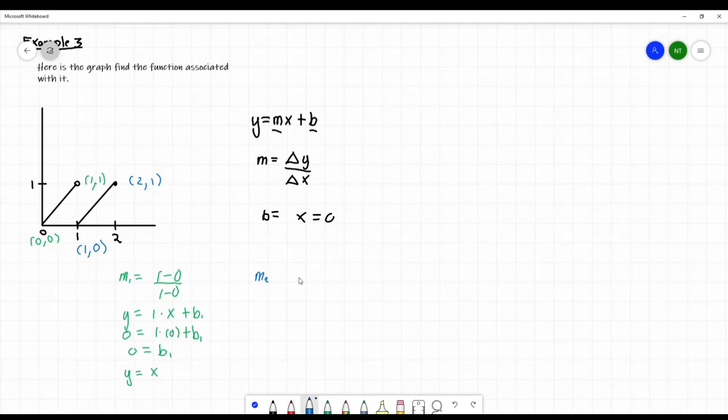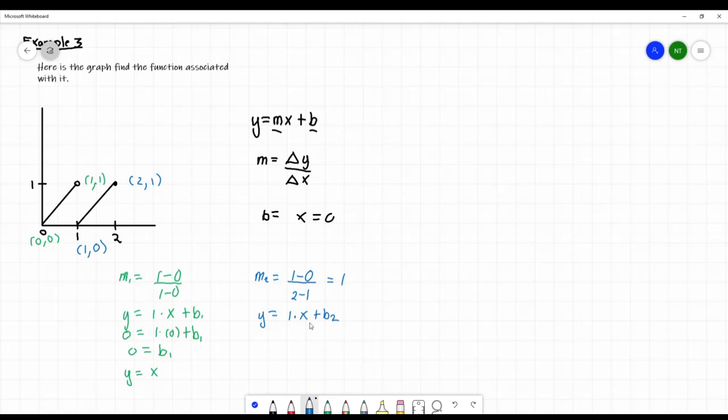The change in y is 1 minus 0, divided by the change in x, 2 minus 1. So this is also equal to 1. Let's plug that into our formula. Now it's y is equal to 1 times x plus b2.